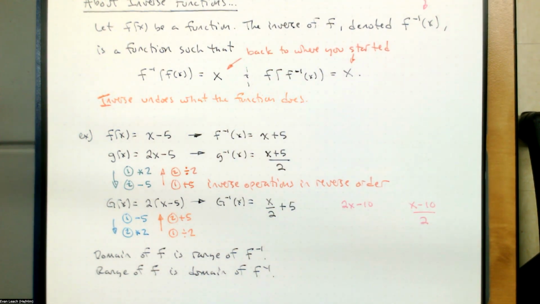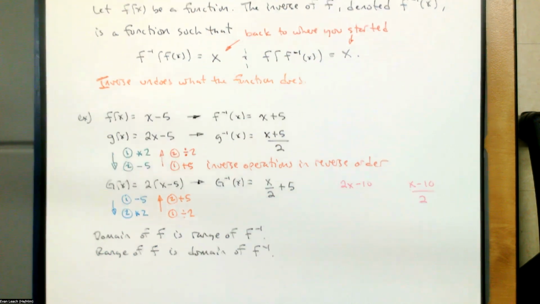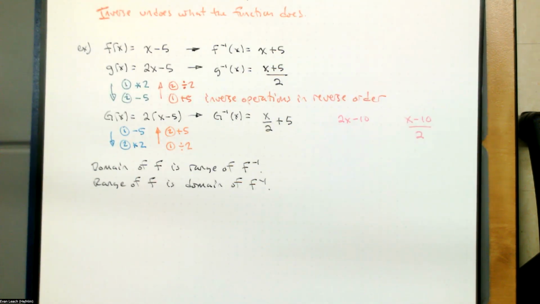When we make an inverse function, the domain and range switch. The domain of a function is the range of its inverse. The range of a function is the domain of its inverse.